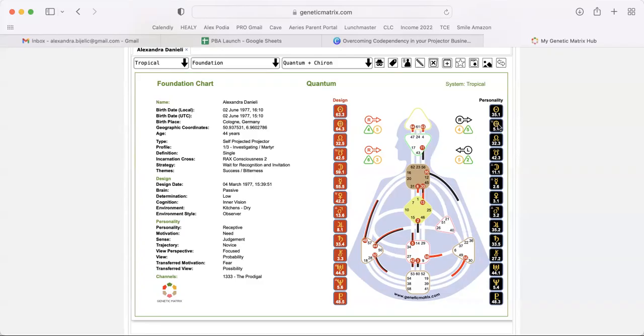So for me, for example, the shadow of the 5 in gene keys is impatience, and the shadow of the 35 in gene keys is hunger. Always being hungry for more, never having enough, that old energy of mine. So when you're impatient, you often are even more hungry, and then they reinforce each other. And then you're kind of trapped in this infinity loop of the shadows reinforcing each other.